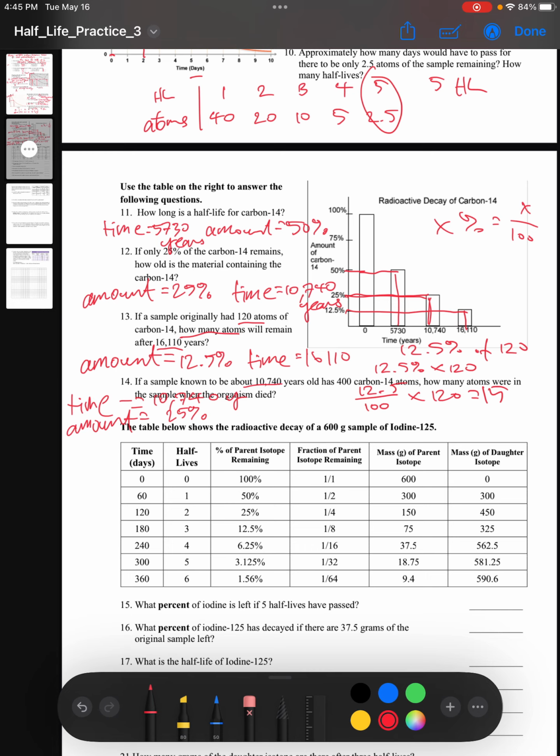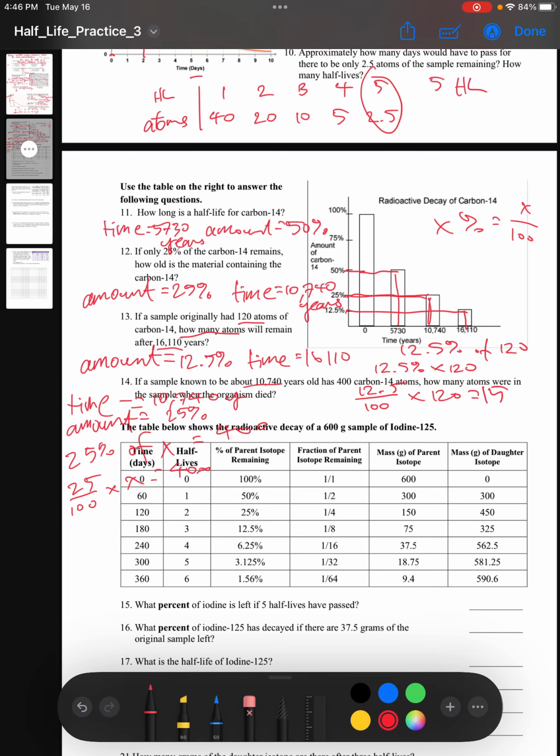So that means 25% of X, the original amount, equals 400. So 25 over 100 times X equals 400.